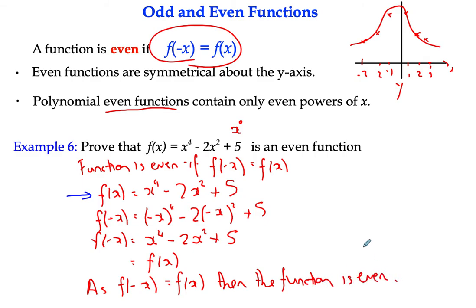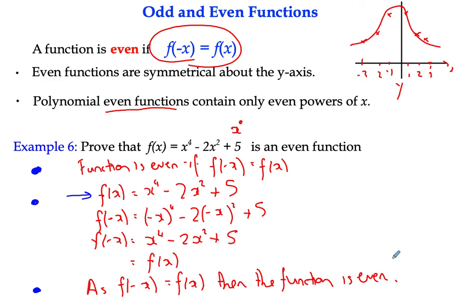Okay, any less storytelling is just not acceptable. So first of all, state the conditions that we're looking for, then go through the algebraic process of showing that the condition is true, and then take a moment to write down your conclusion that because we have proven the case, then we can declare the function is even.